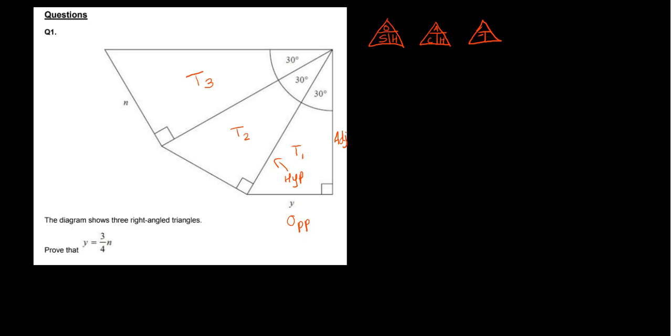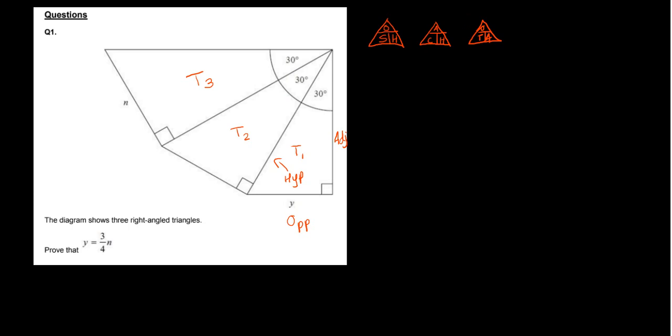It's a bit small, but I'm gonna need some space over here. Okay, so in this triangle I have the opposite side, which is y, and I need to find the hypotenuse. So I'm gonna use the opposite and the hypotenuse. So I'll go to my trigonometric ratios and I see which one of them has opposite and hypotenuse.